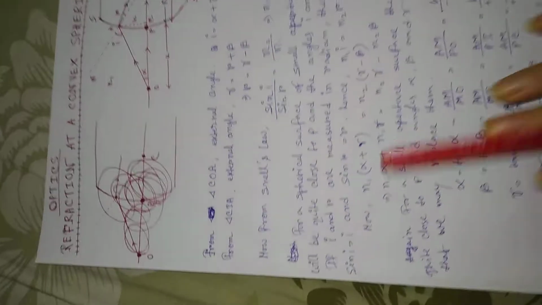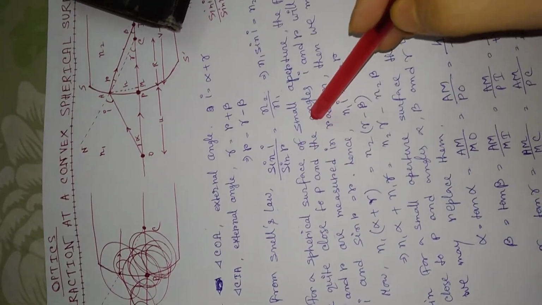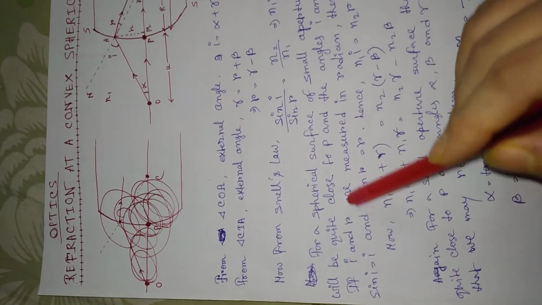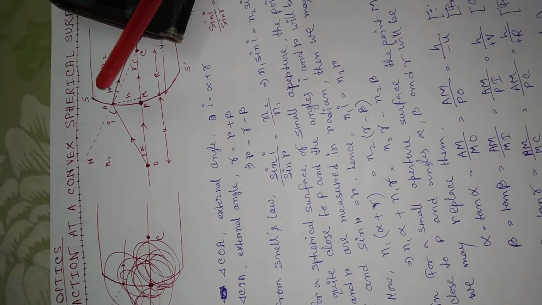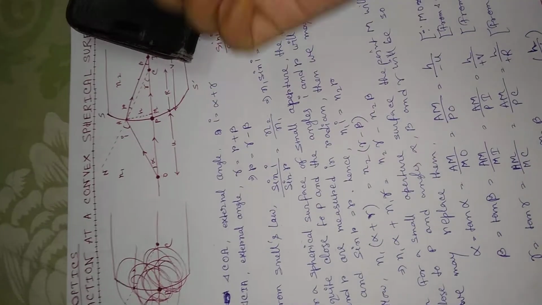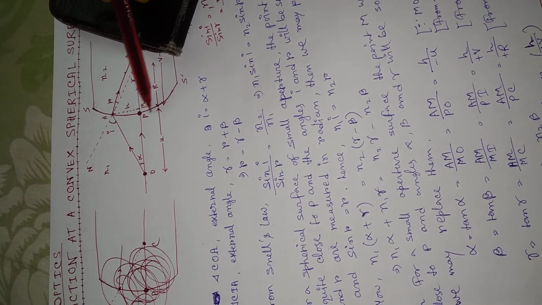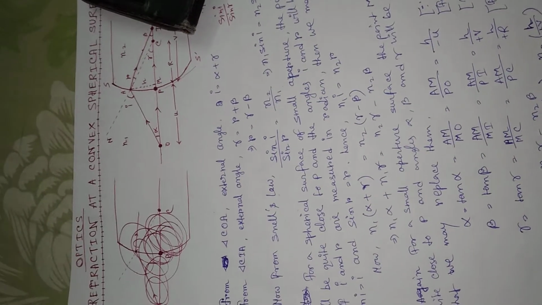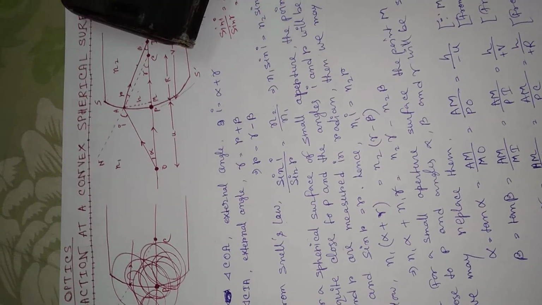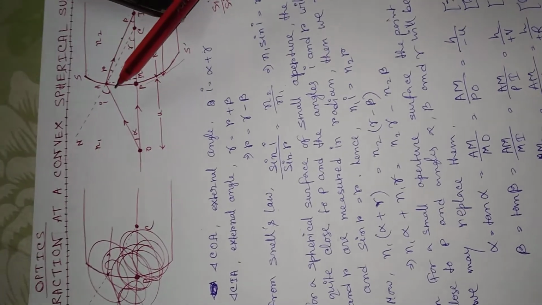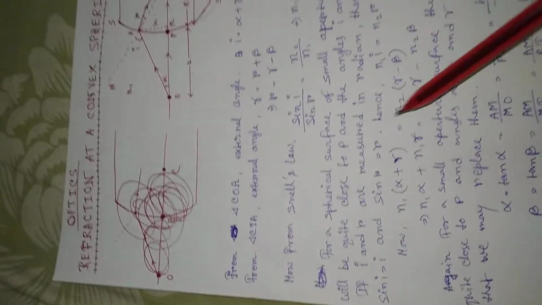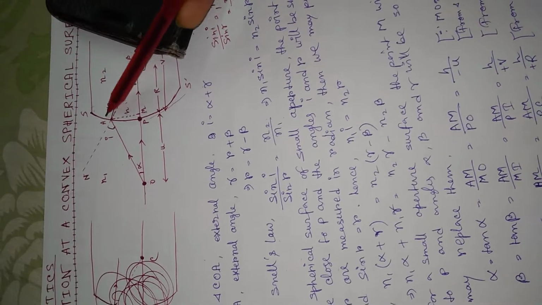Next, for a spherical surface of small aperture, the point A will be quite close to P, because here we assume that this arc is a very small part of a larger sphere. That means the aperture of this small part is very small, so these two points are very close to each other.